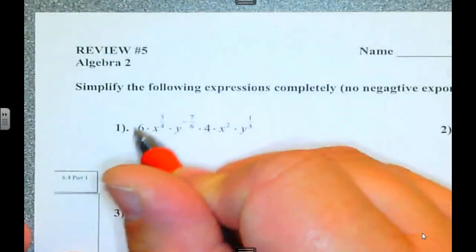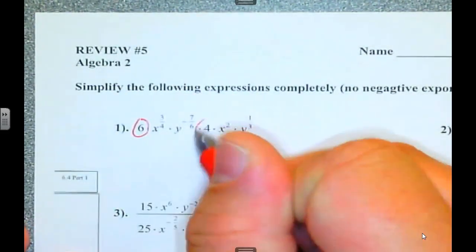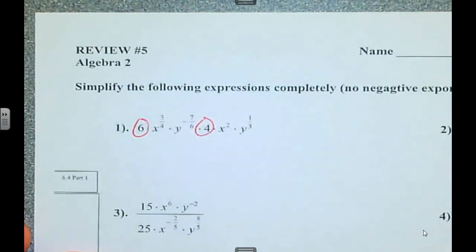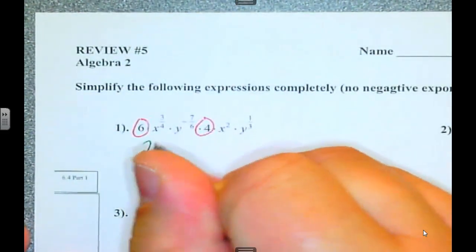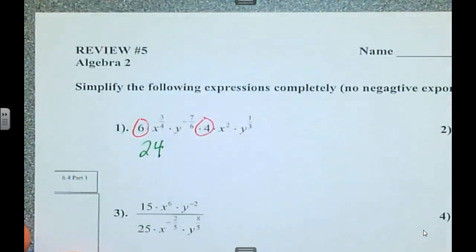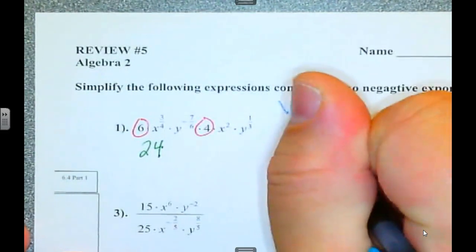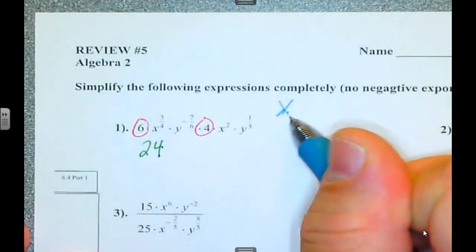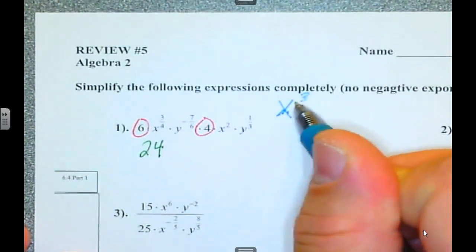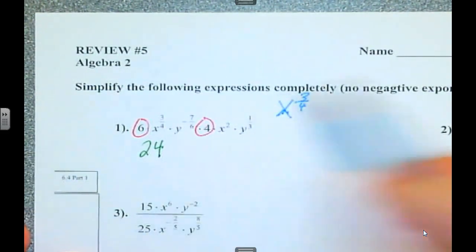When I have numbers, what do I do with the numbers? That's right, multiply them. When I have the same bases, what do I do with the exponents? I have x to the 3/4 and x squared.